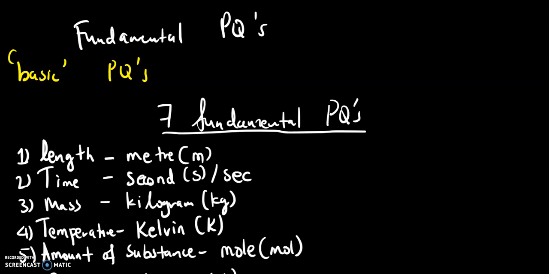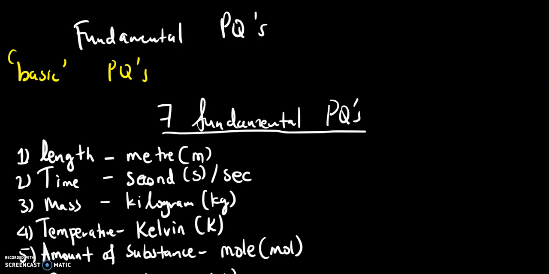So there are 7 fundamental physical quantities that exist, and we express these in terms of what we know as SI units, or System International Units. These SI units are used because of their international recognition. So let us explore them one by one.